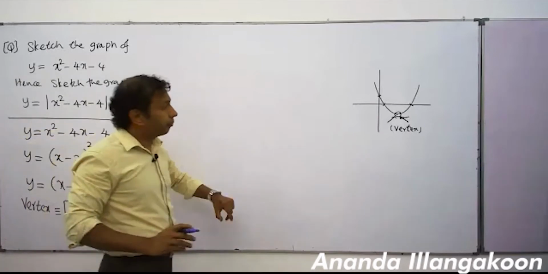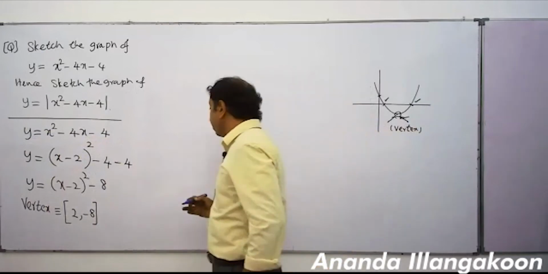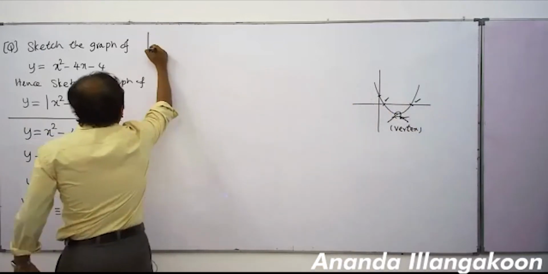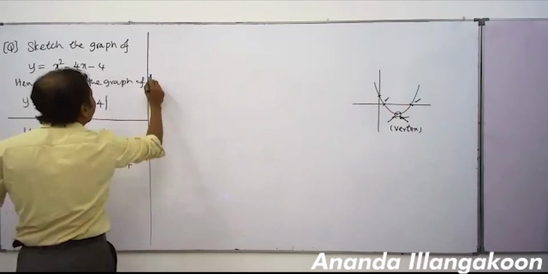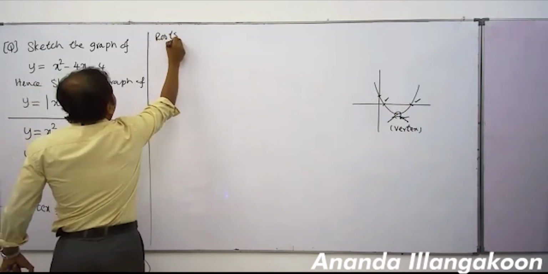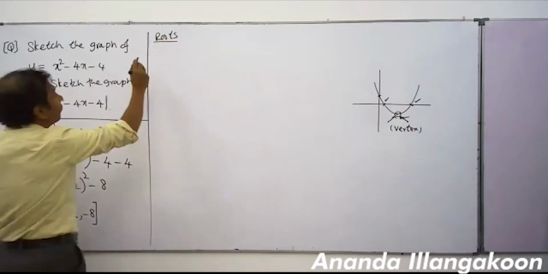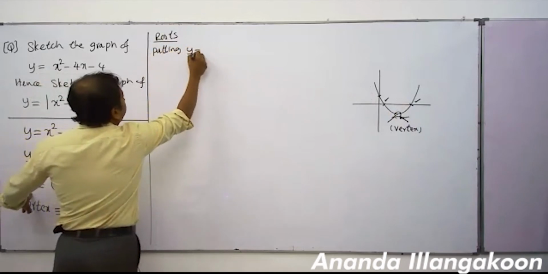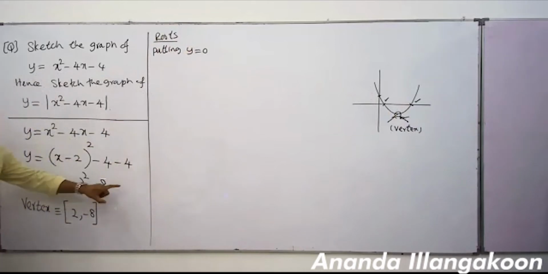Vertex, okay. These 2 points are called the roots. You know at this point, y is 0. Then roots can be found putting y equals 0 here. What do you get? Then if you put y equals 0 here, this will be equal to 0, no?